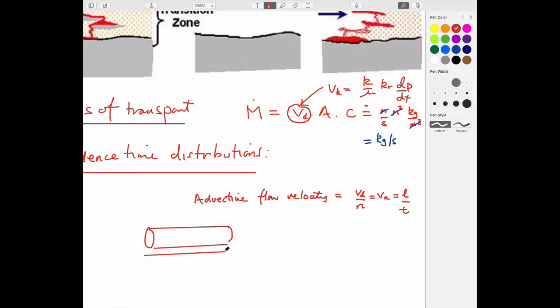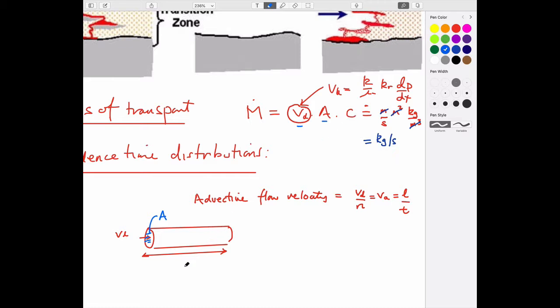this is the length traveled. This is the Darcy velocity, which is the one that's over this area. This is the cross-sectional area of flow, which we talked about here. Concentration is whatever the fluid is.